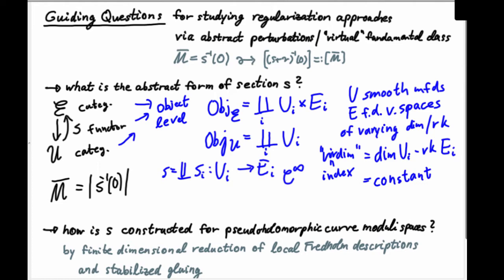And so with that, I can understand what this description of the moduli space is. It's simply the, well, I can't yet. Sorry. I'm going to take all the 0 sets, and then I'm going to want to glue them together. So this is where I need to quotient out by something that I haven't talked about yet, which is what are the morphisms in this story.